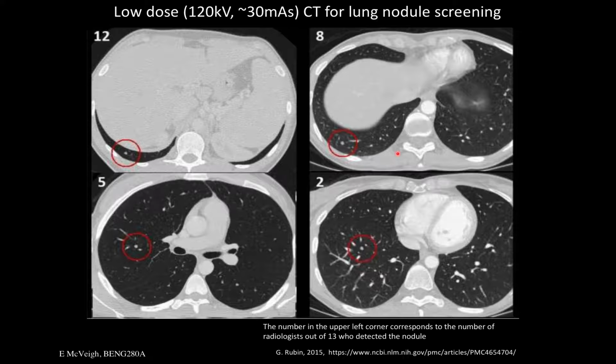Because you can put 10 million exams in to train the network, and a human can't read 10 million exams, right? They can only read 10,000 a year. So the way this will go is you'll have a radiologist and their assistant, which is the deep learning computer for whatever task they're doing, whether it's looking for breast lesions in mammography or looking for these lung nodules.